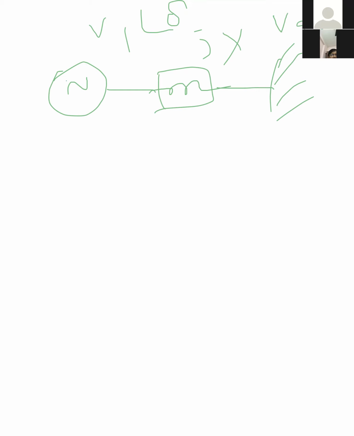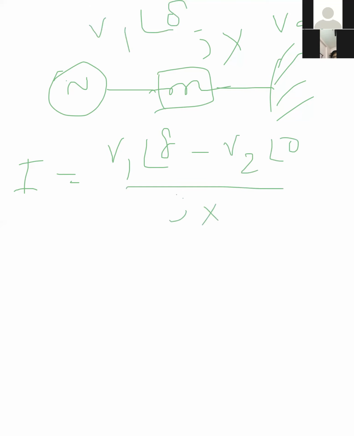And then for power flow, the current is given by the potential difference, V1 at an angle delta minus V2 at an angle 0, divided by jX. From this one, we separate real components and reactive components. That's all, very simple. So this case may be easy when compared to the other one.